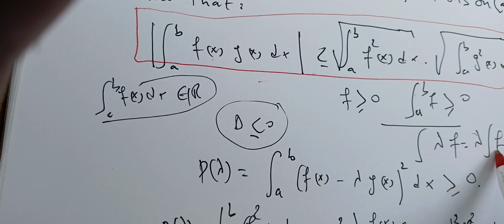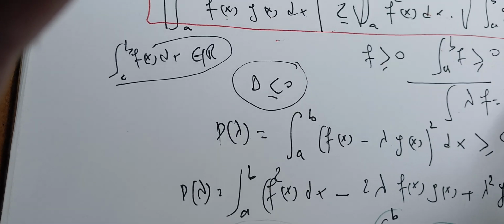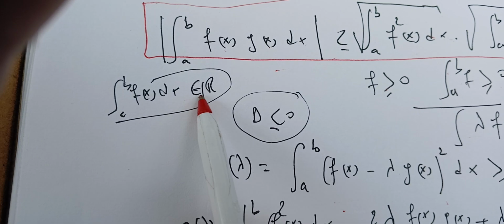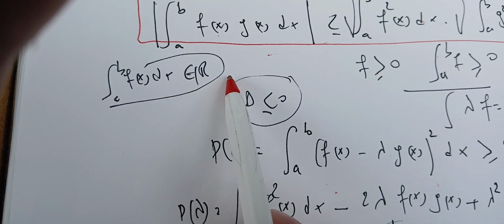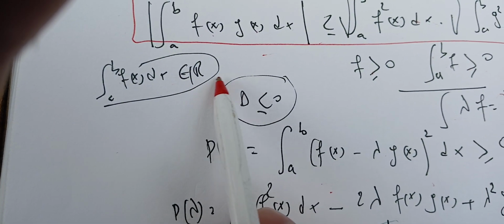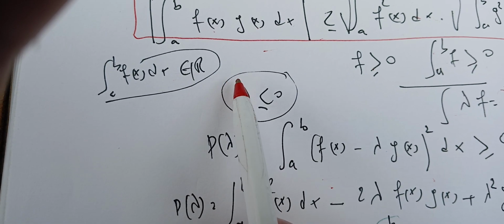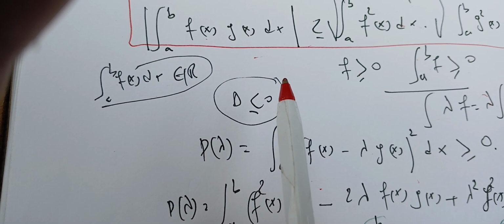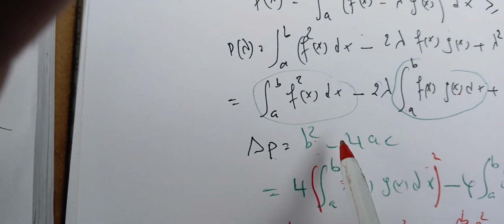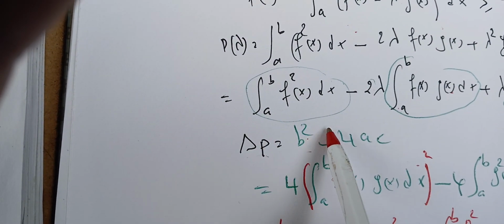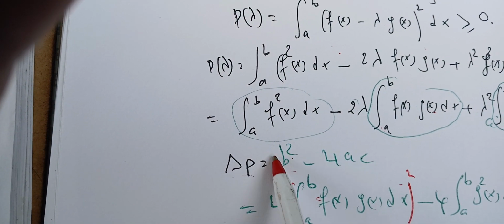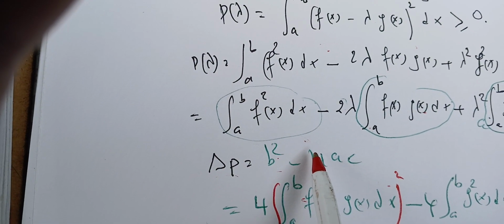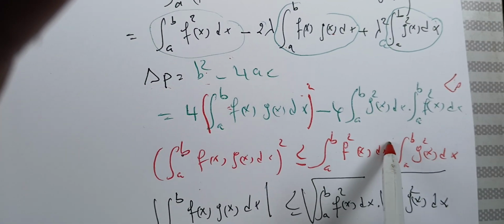The integration is linear. We also used the fact that the integral of any function between a and b is a constant, belonging to R, the set of real numbers. And the key here is that when you have a polynomial of second degree that's positive, its discriminant is going to be negative or zero. That's what we used here.